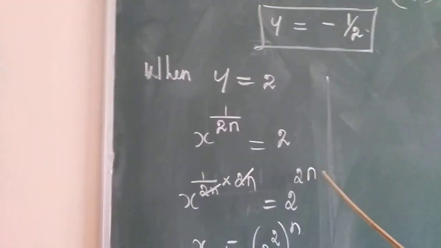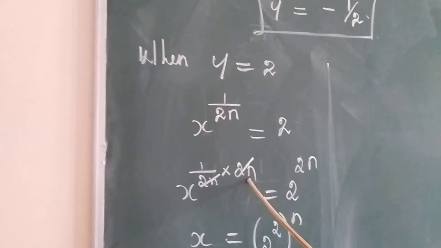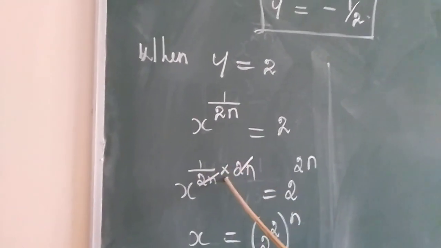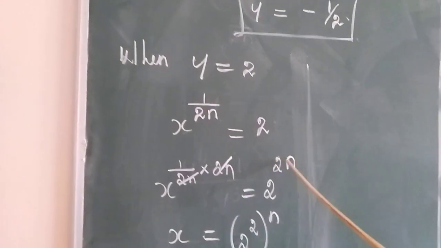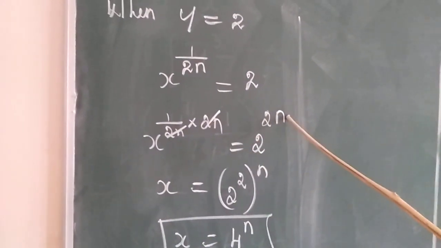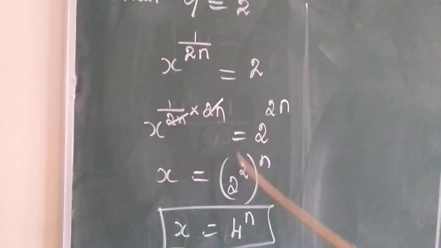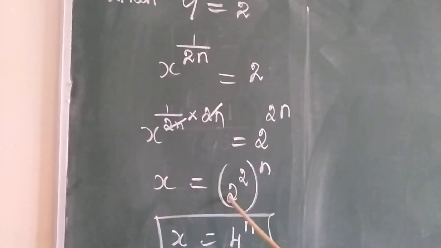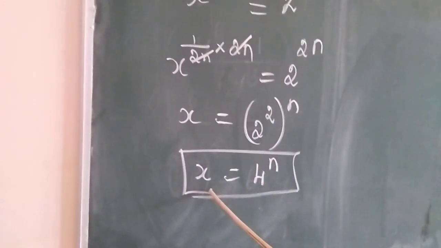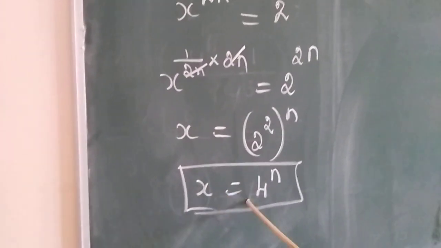Now I am going to raise both sides to the power 2n, and this 2n will be cancelled. This will become 2 power 2n. Now x is equal to 2 power 2n, I can write 2 power 2 into n. Now this 2 power 2 is nothing but 4 power n. So we found one value of x is equal to 4 power n.